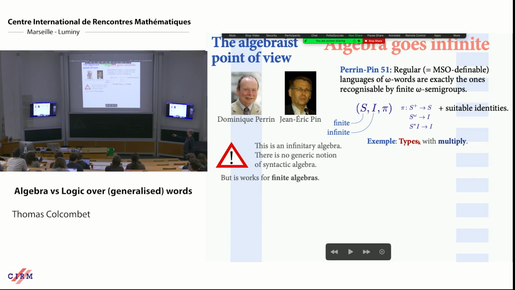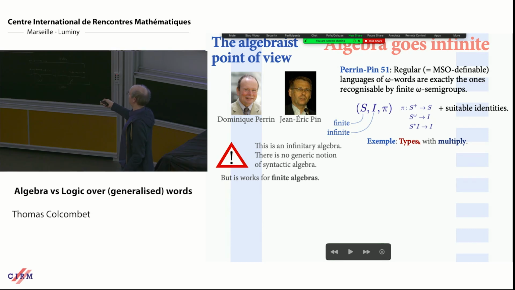But the interesting thing is that if you know that what you are representing is recognizable by a finite algebra, then you will recover the fact that there is a syntactic one. A kind of magic. You trade the finitarity of the operations for the finiteness of the algebra, but you have infinitary operations.